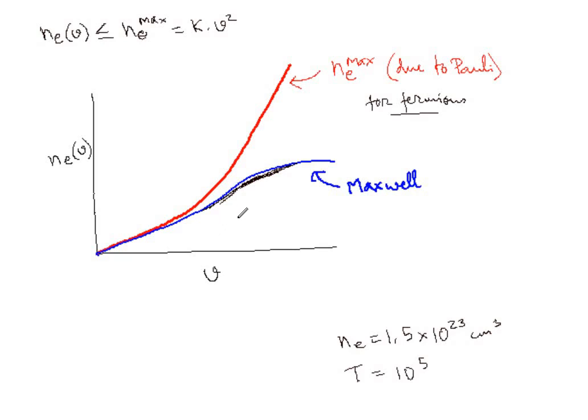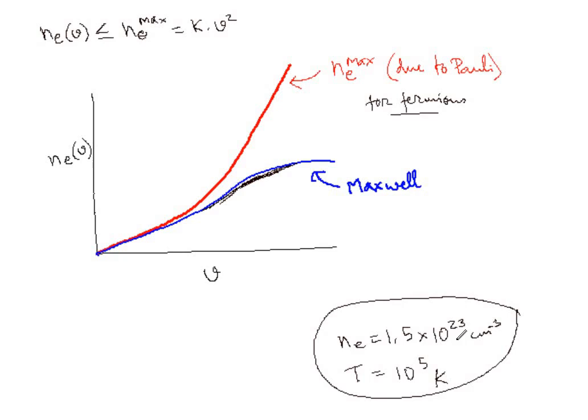Now let me do a different plot. I have shown you the values for T equal to 10 to the power 5 Kelvin and density 1.5 times 10 to the power 23 per centimeter cube.